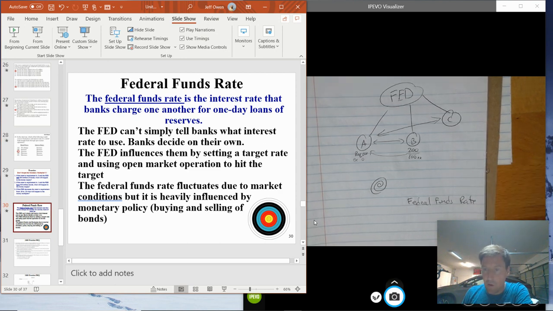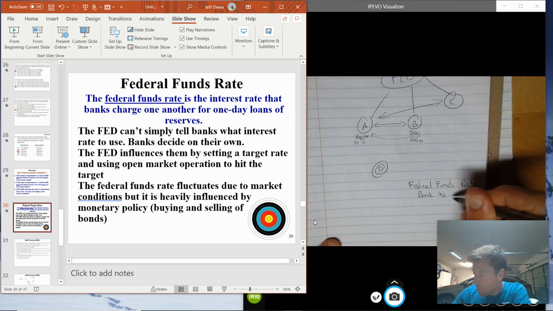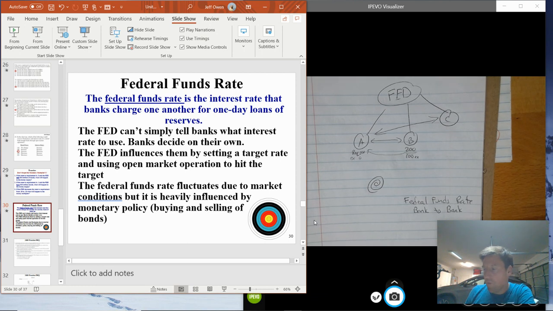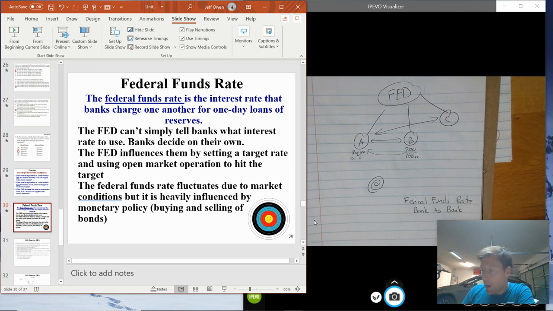So the federal funds rate is when a bank to bank makes a loan. And why do they call it the federal funds rate? Because really you're just shifting around your funds at the Fed. But it bothers me because it's bank to bank and it's called federal funds rate.